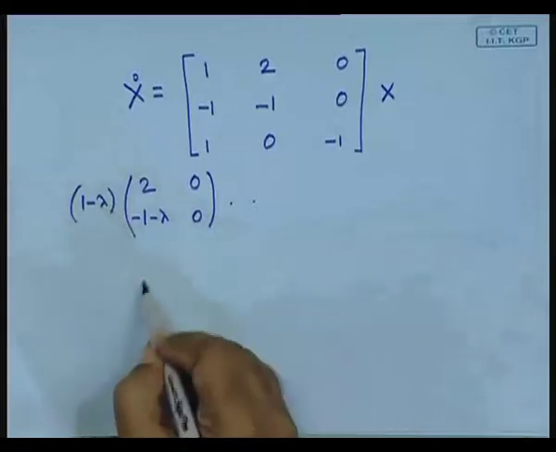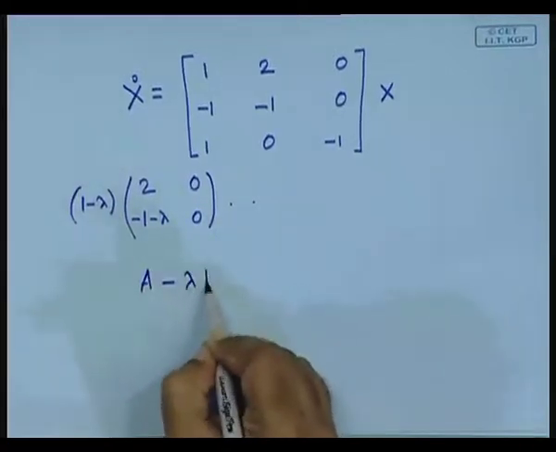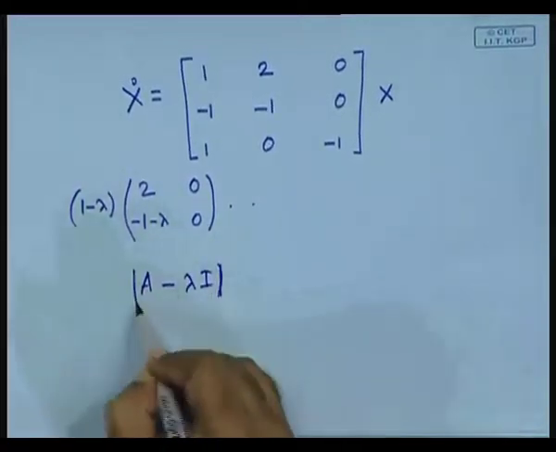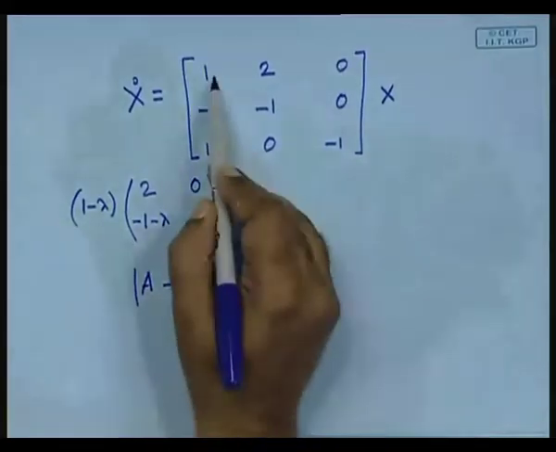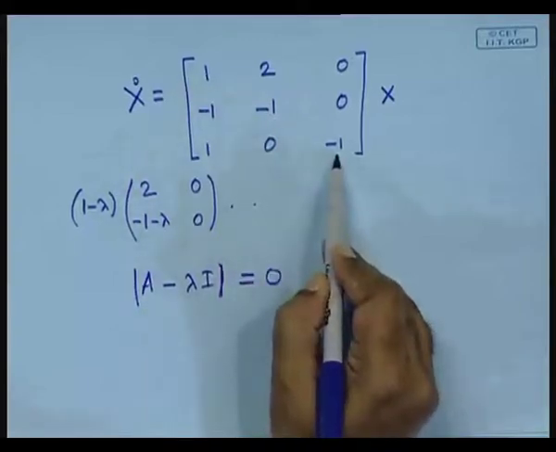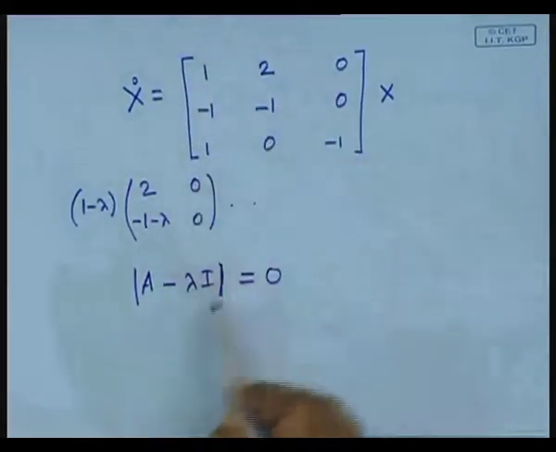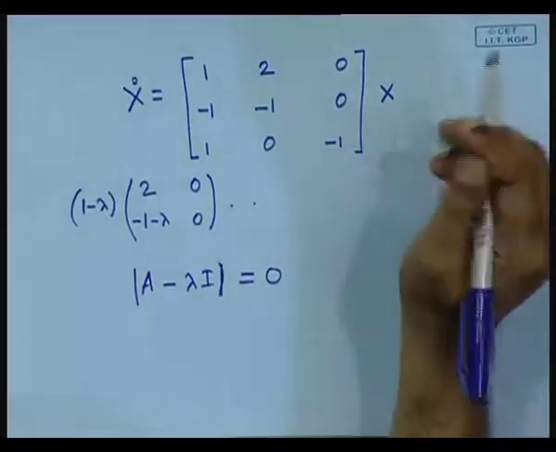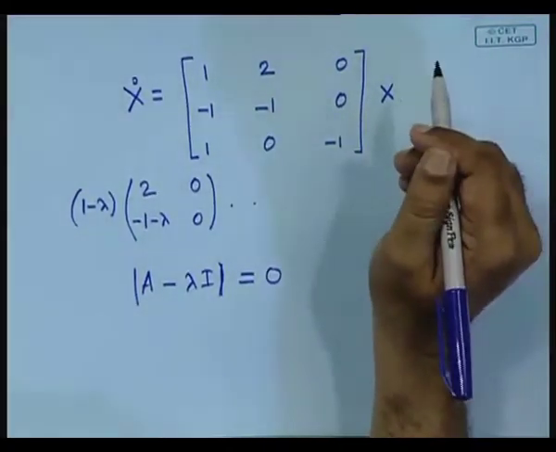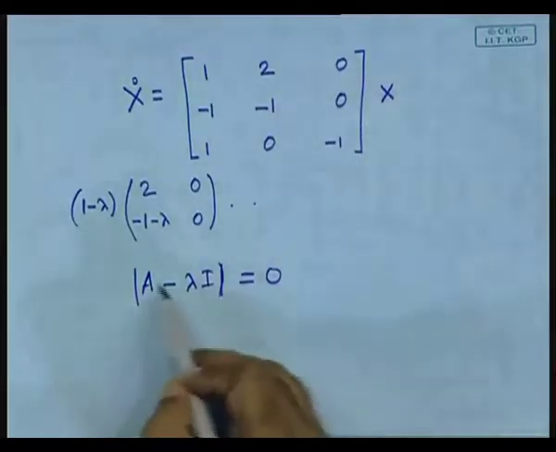So it will be determinant of A minus lambda I equal to 0. That is the concept. Lambda I will be here, here and here. So you have to obtain the determinant of this 3 by 3 matrix. That is what we started doing.